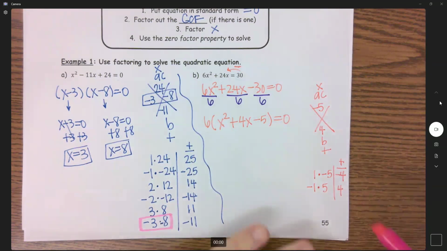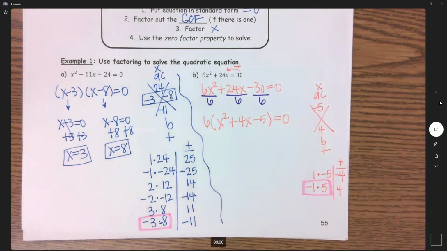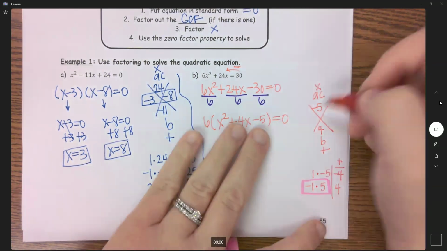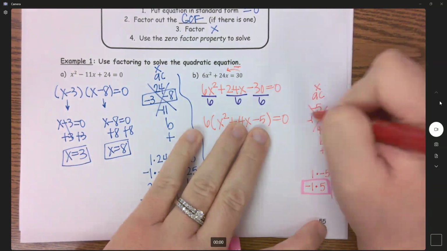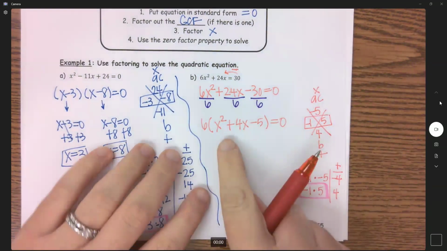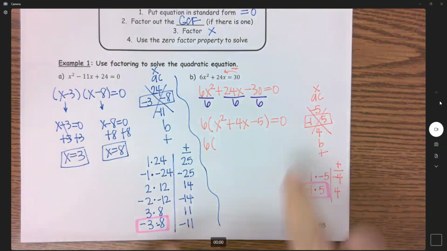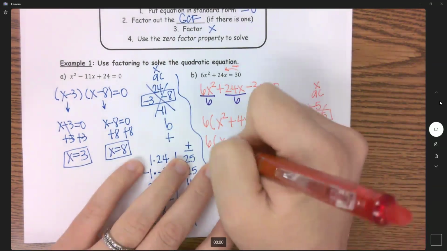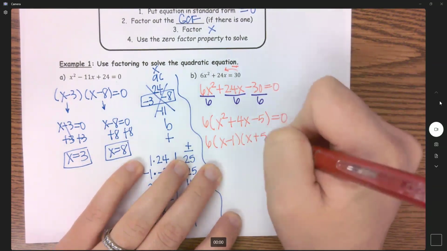So what is my correct multiple is this one right here. So we have -1. The 6 is just going to carry on down here with me. And now this factors to x minus 1, x plus 5.